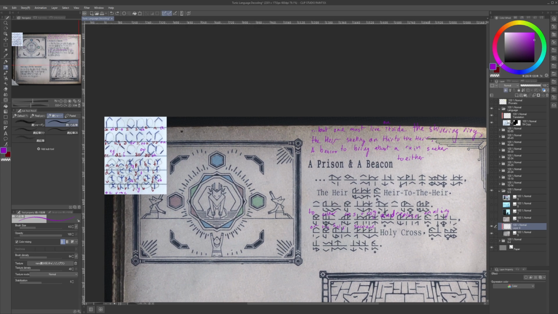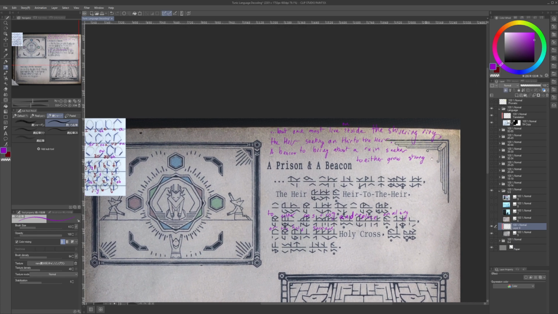That's probably G. So either grow strong and replace.